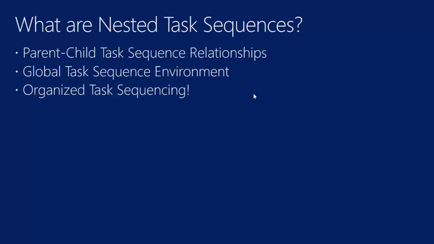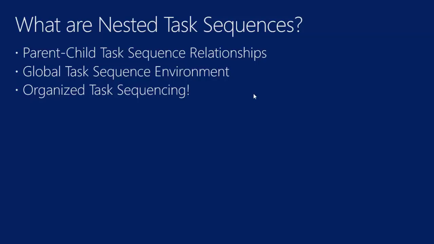One of the things about these parent-child task sequence relationships is that all of the steps from the various joined task sequences are brought together and effectively combined and sent down as a single policy to the client. So said a different way, this idea of nested task sequences primarily doesn't really change anything that happens on the client.